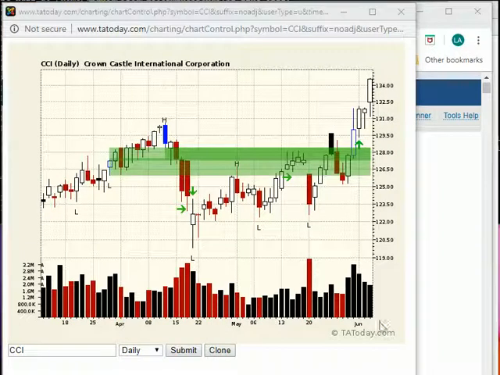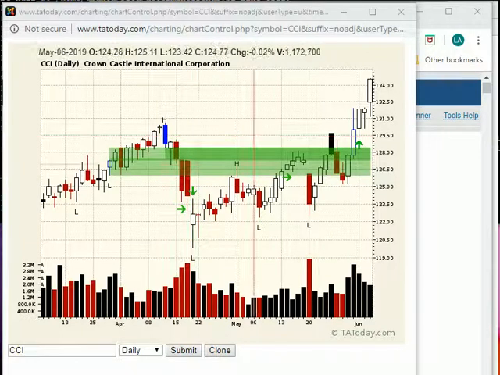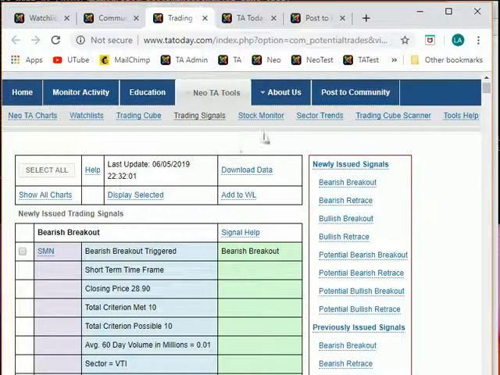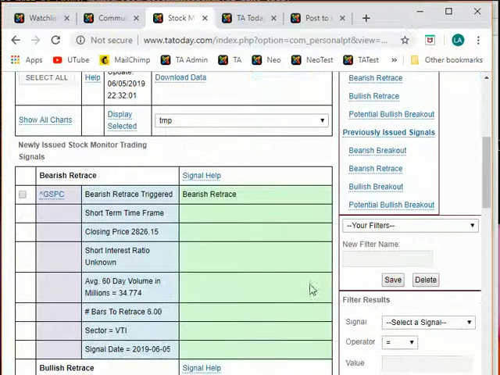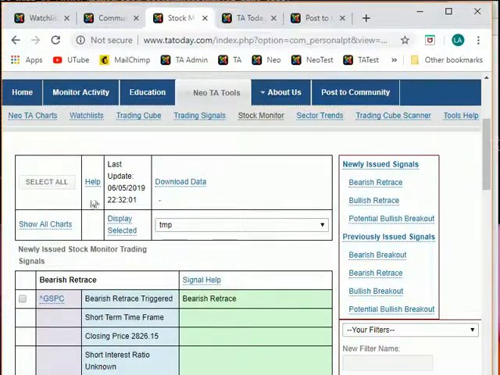To talk one more time about another tool on here, which is nice, is this idea of putting a signal. If you go over to the stock monitor and put that particular stock into a watch list, this will signal it for you anytime it does a bullish retrace.